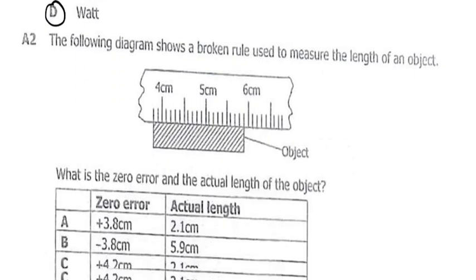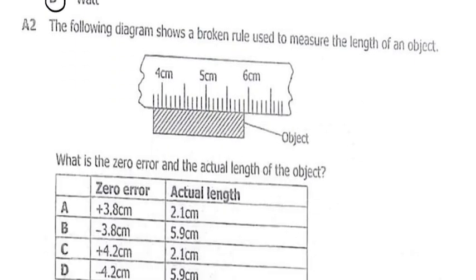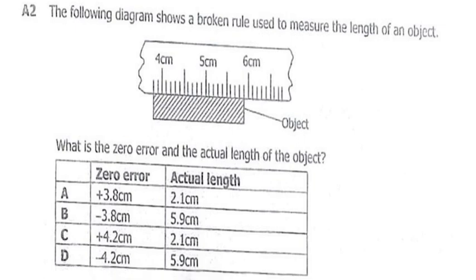The following diagram shows a broken rule used to measure the length of an object. What is the zero error and the actual length of the object? So the zero error in this case, look at what is happening. Initially this meter rule was supposed to start from the 0th centimeters, but it has started here.